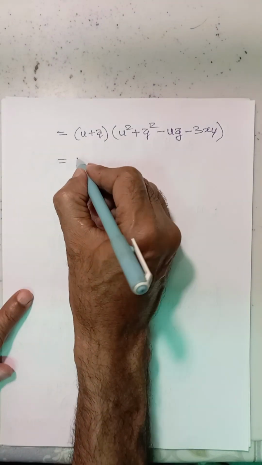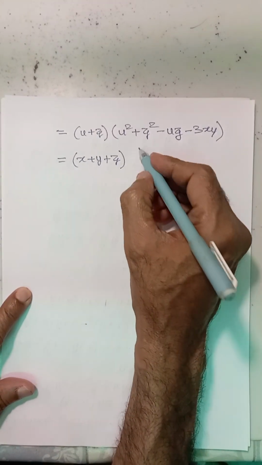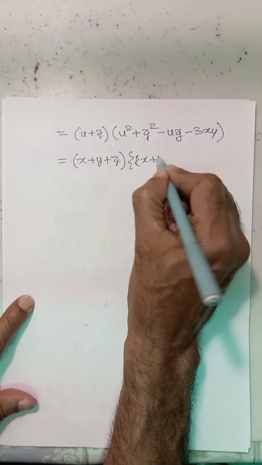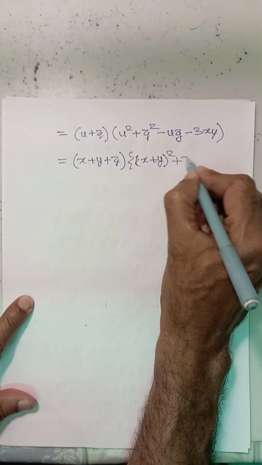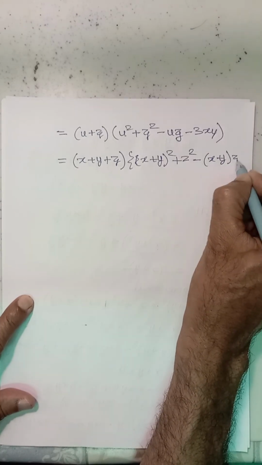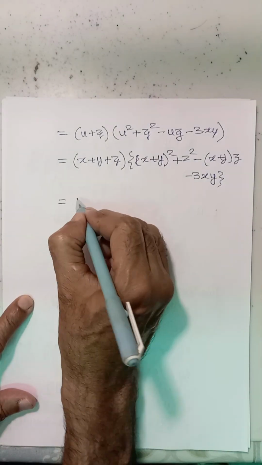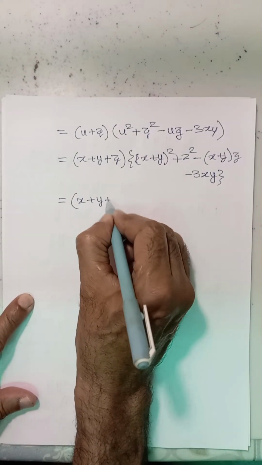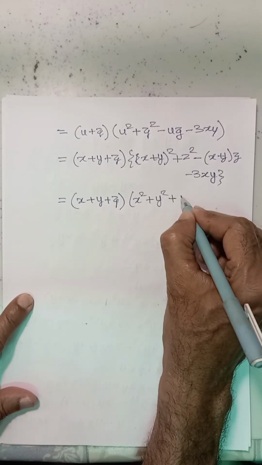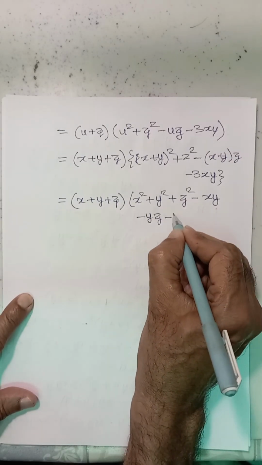This will be equal to (x + y + z) into ((x + y)² + z² − (x + y)z − 3xy). This will be equal to (x + y + z)(x² + y² + z² − xy − yz − zx).